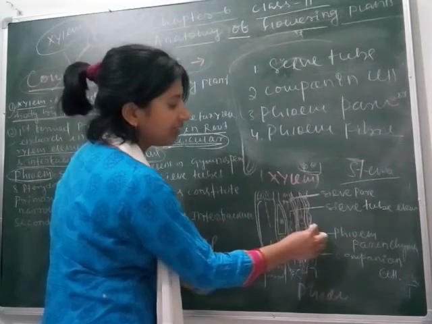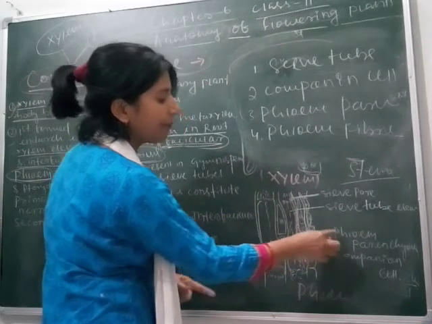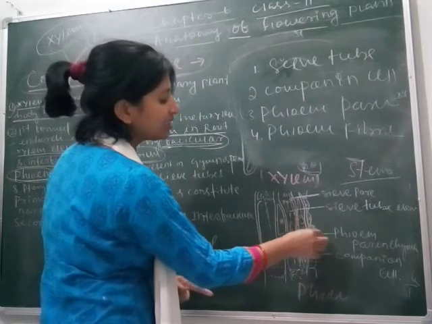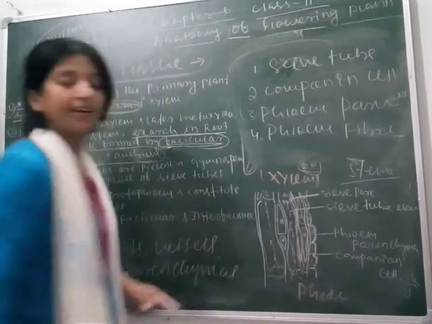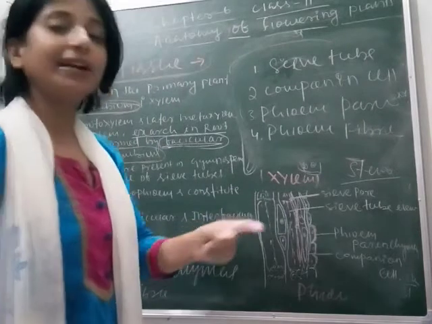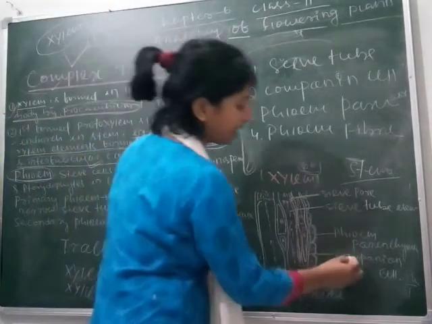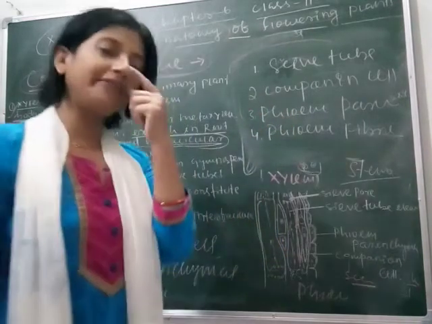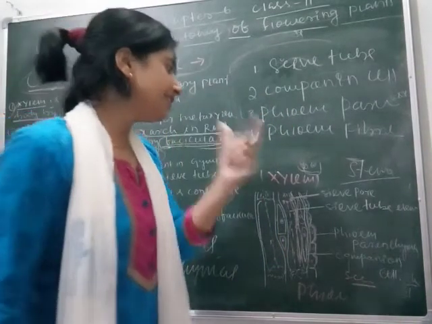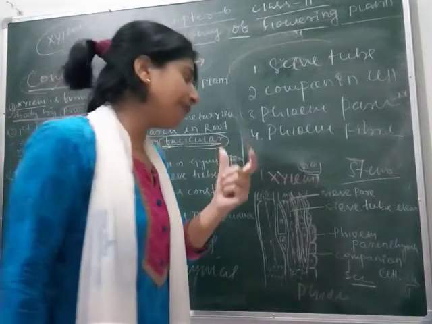occurs. Here, the last part, that is phloem parenchyma, is made up of cellulose, or sometimes it is made up of sclerenchymatous cells. Remember, as we have studied, sclerenchymatous cells provide rigidity and strength and mechanical support.